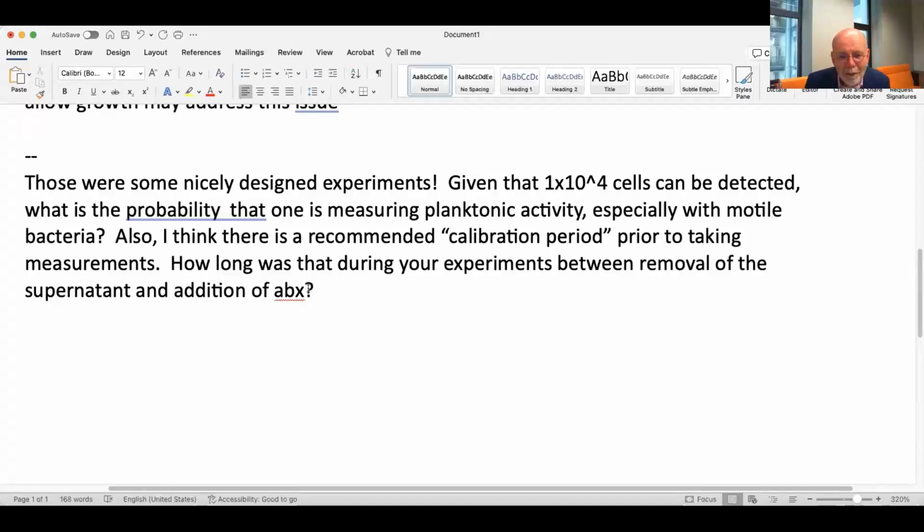So we are pretty sure that most of our signal comes from biofilm-associated bacteria. Yet we cannot say that there are no planktonic bacteria. I fully agree.